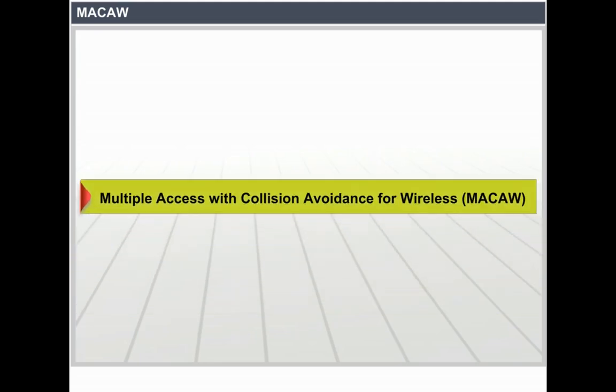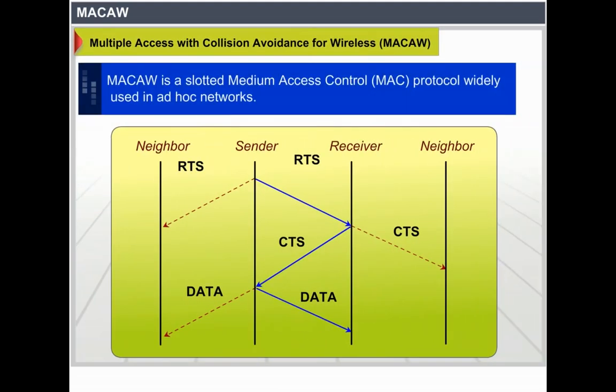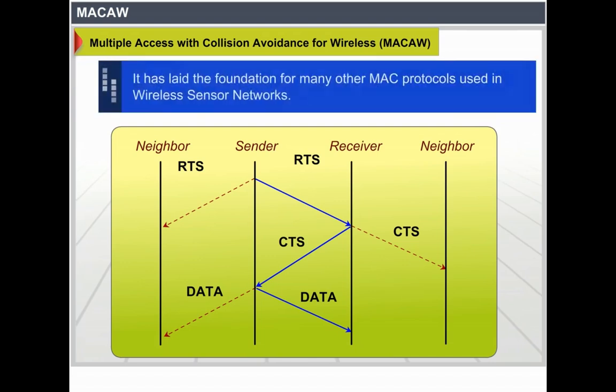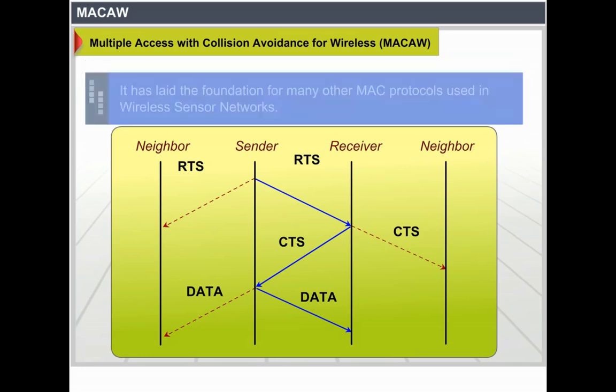Multiple Access with Collision Avoidance for Wireless, MACAW. MACAW is a slotted medium access control, MAC, protocol widely used in ad hoc networks. It is the foundation of many other MAC protocols used in wireless sensor networks.